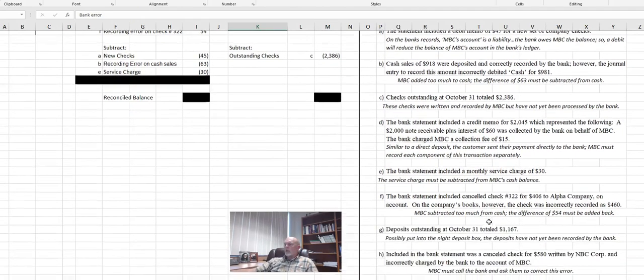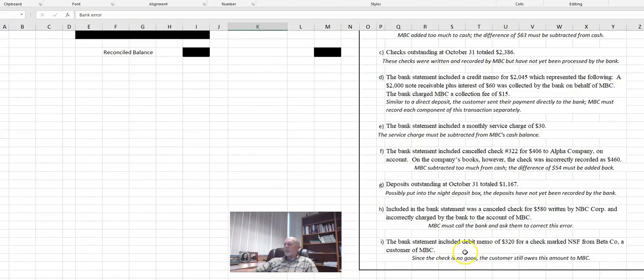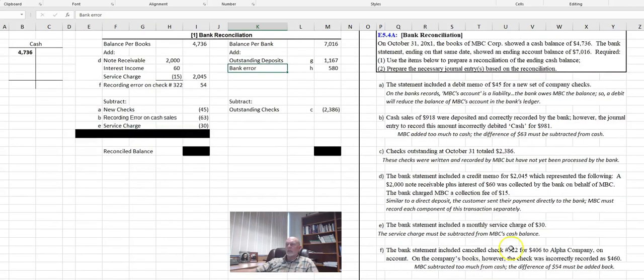Then we have one more item, which is a debit memo. Remember, a debit memo means they are charging us, reducing that liability to us, for $320 for a check marked NSF from Beta Company, one of our customers.